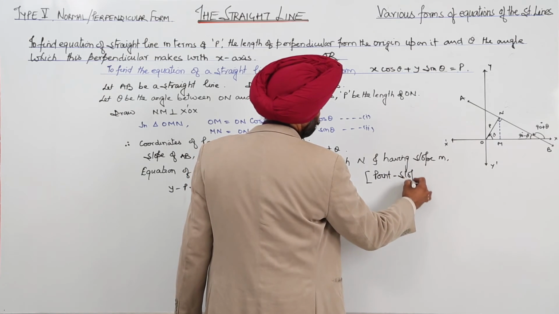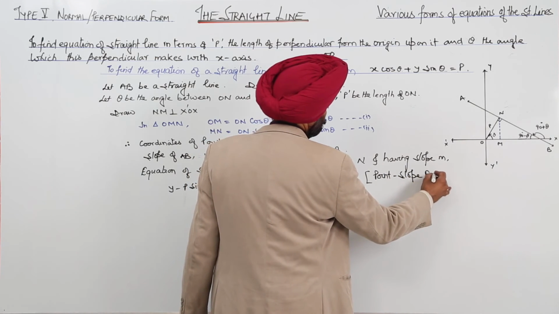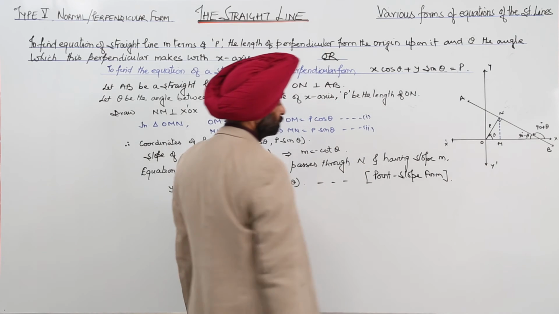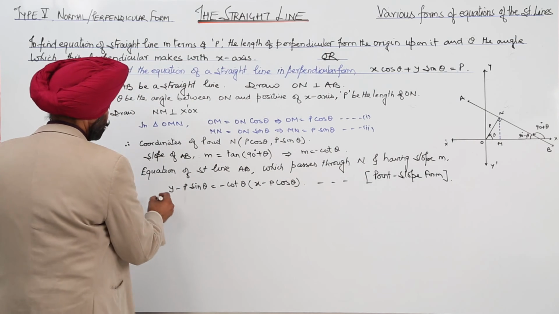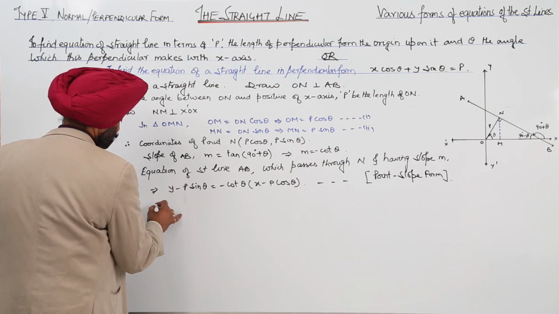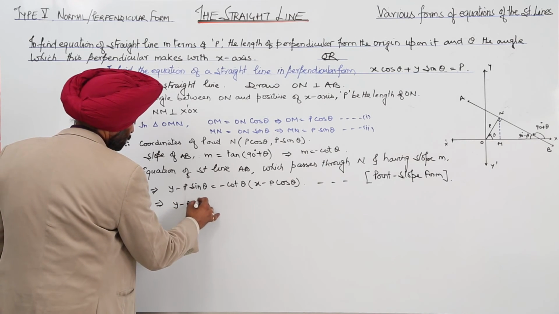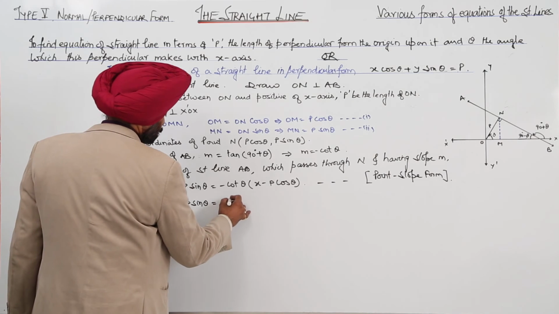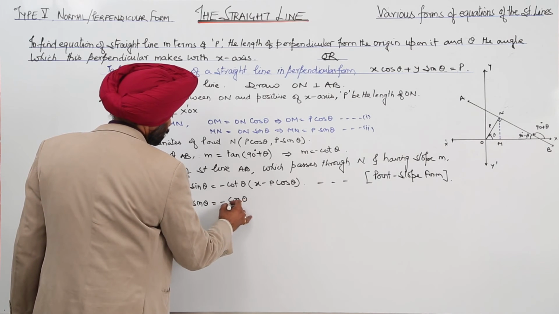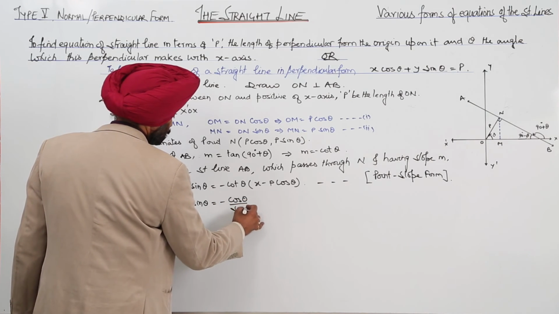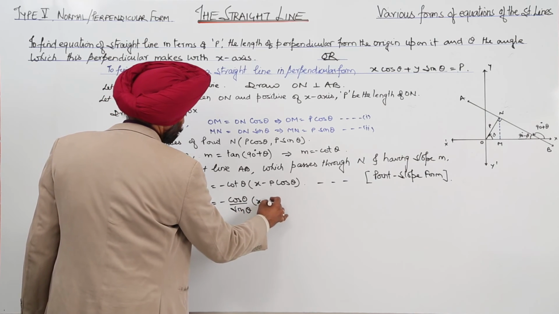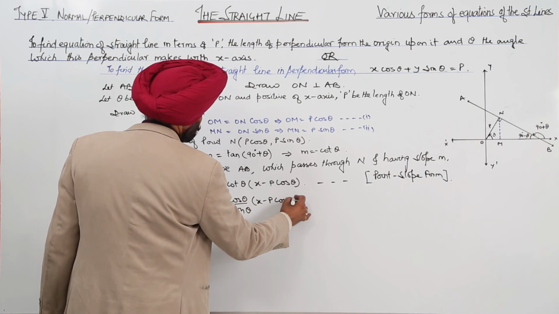Point slope form. Now let us solve this one. y minus P sin theta is equal to negative of cos theta upon sin theta, with x minus P cos theta.